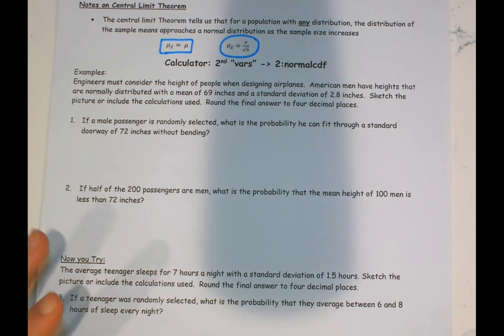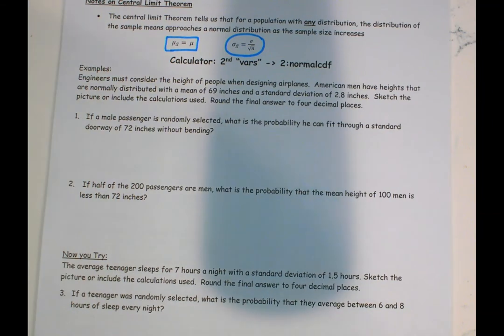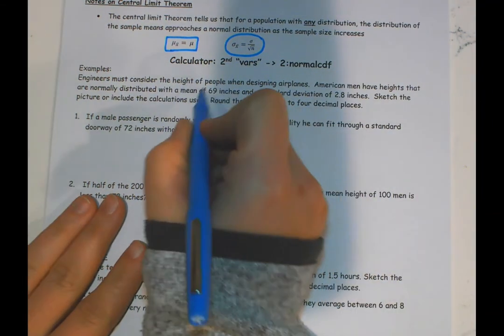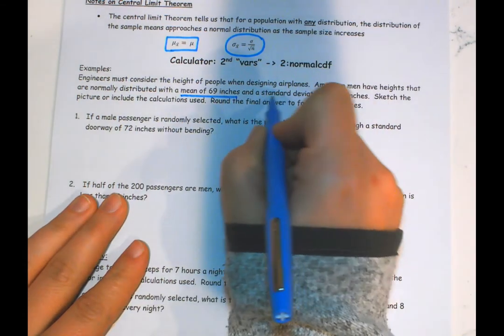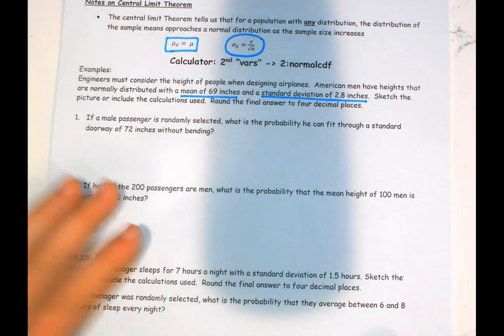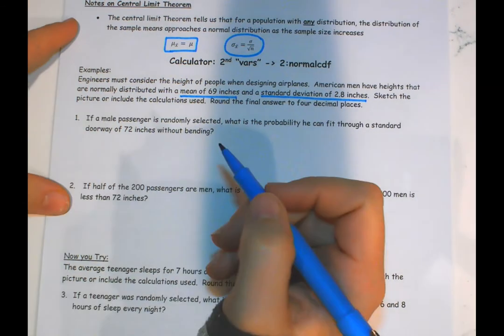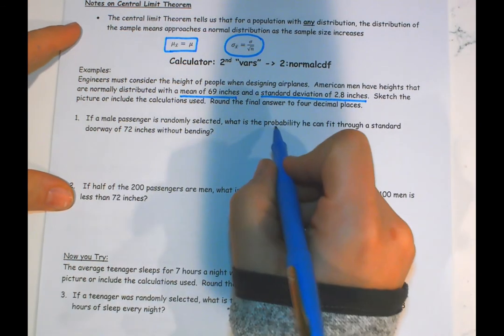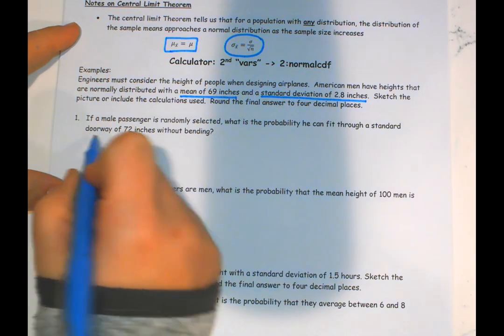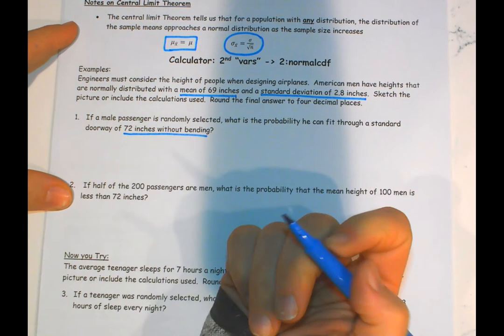It says, engineers must consider the height of people when designing airplanes. American men have heights that are normally distributed with a mean of 69 inches and a standard deviation of 2.8 inches. Sketch a picture or include the calculations used. Round the final answer to 4 decimal places. If a male passenger is randomly selected, what is the probability he can fit through a doorway of 72 inches without bending over?